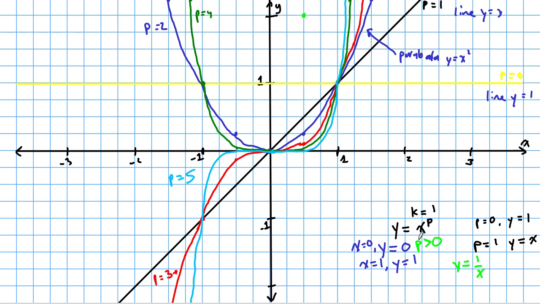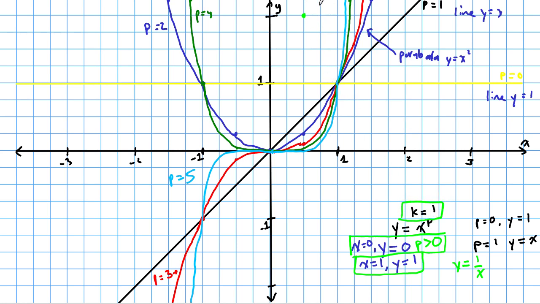So that's an important part about this point here, about x equals 0. Y is 0 if the power is greater than 0. Now, when x is 1, all power functions have an output of 1, no matter what the exponent is. If it's negative, positive, fractional, it doesn't matter. We'll see that they all go through this point, 1, 1. Again, that's an important point.